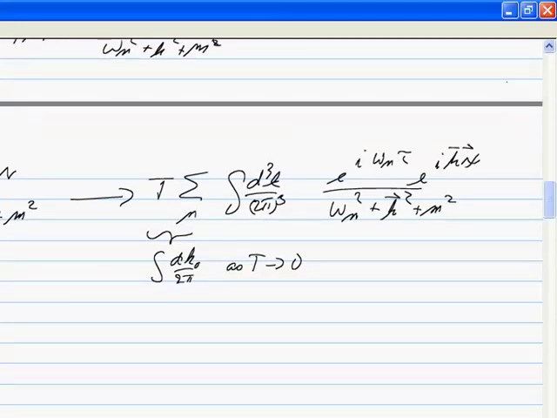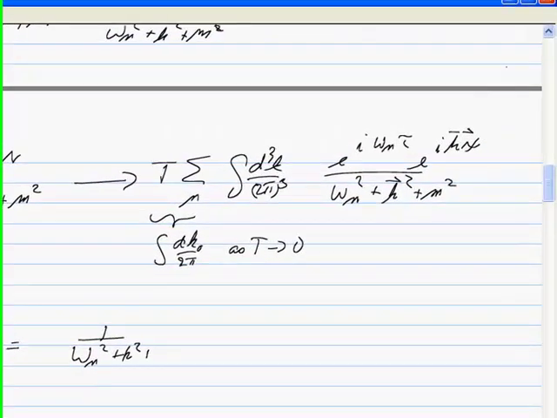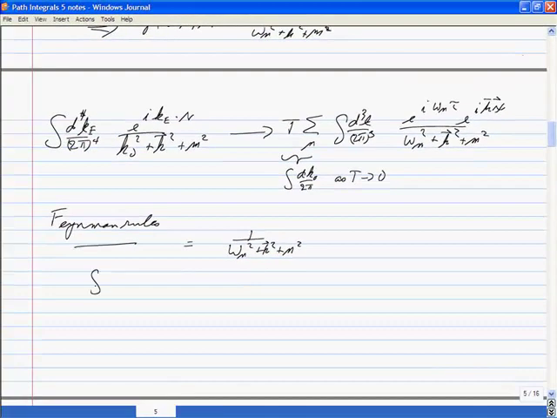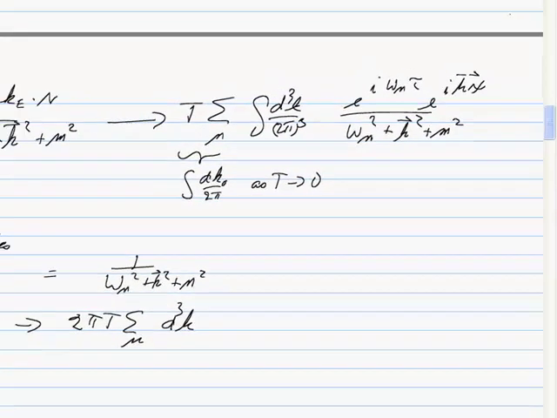So everything goes the same, except in the Feynman rules, you have the propagators equal 1 over omega_n squared plus k squared plus m squared, and integral d4k goes to 2 pi T sum over n integral d3k. Okay, so that's the correspondence.